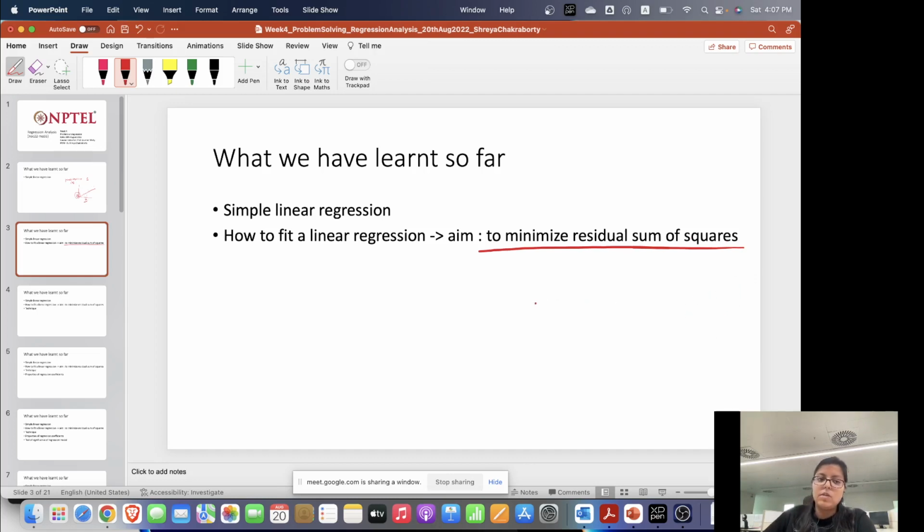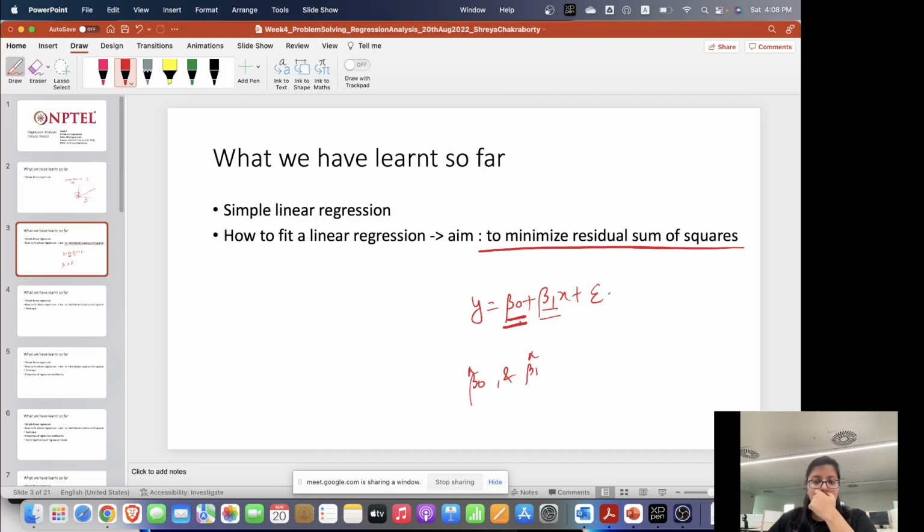Now there was one question in the discussion forum that I would like to address. The question was, what is the difference between beta naught, beta 1 and beta naught hat and beta 1 hat?